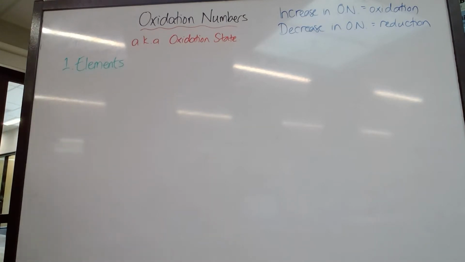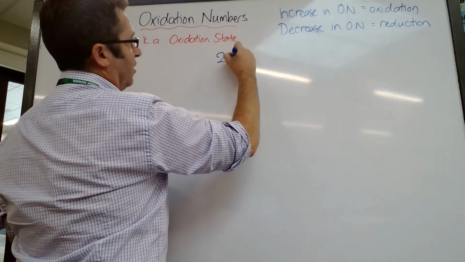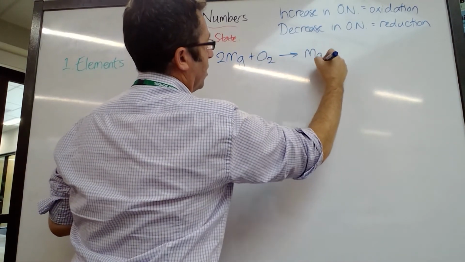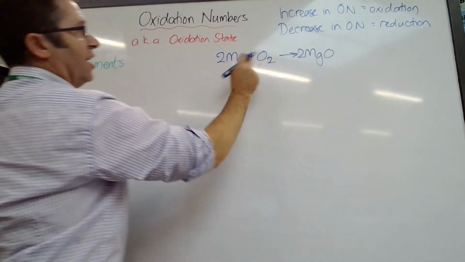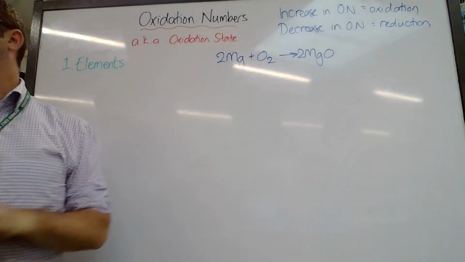First one is to look: does your equation have any elements? In the example we had last week, we did have elements, two of them. One's a metallic element and one's a molecular element.